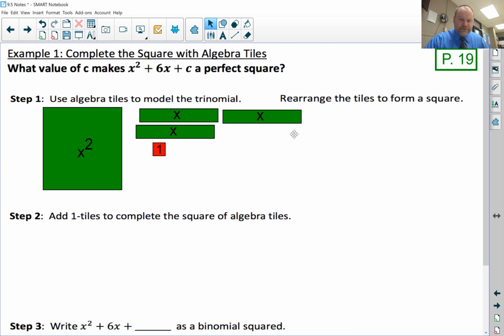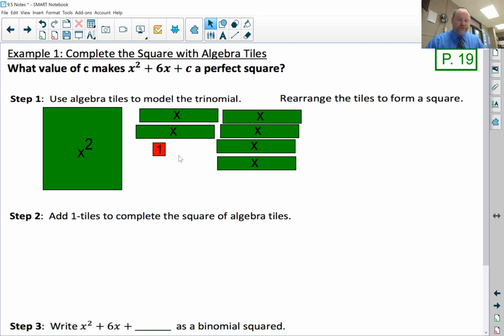So I think it's 6 of those. And I don't know how many of the red 1 tiles I'll need. We'll take care of that in a moment.